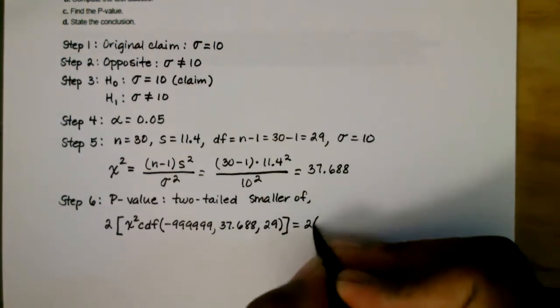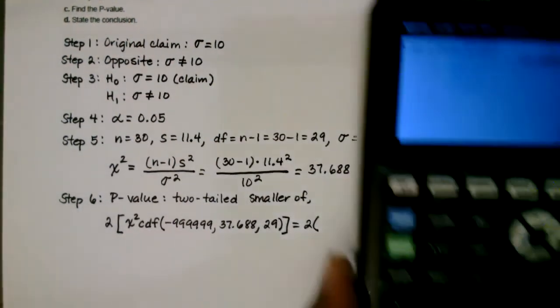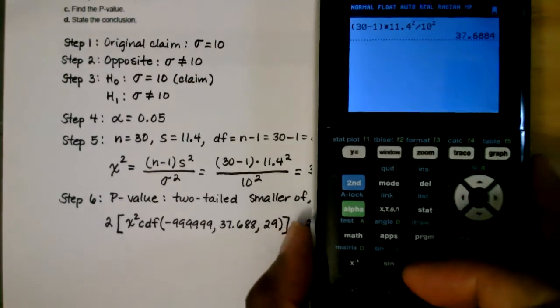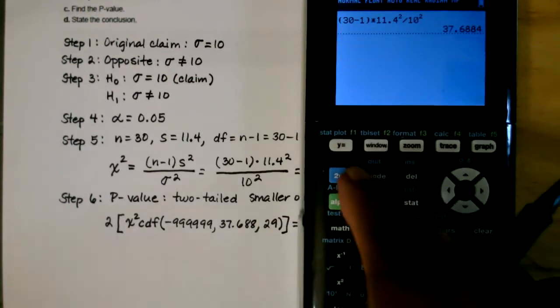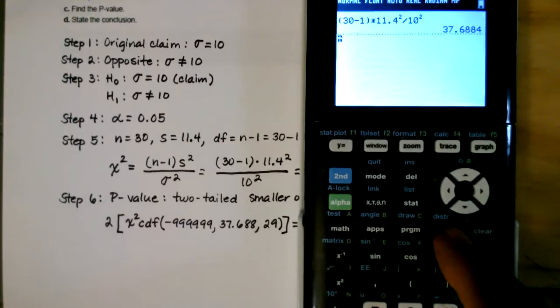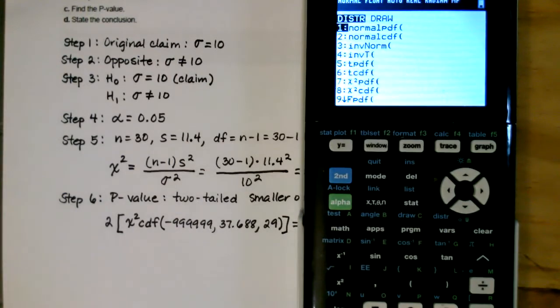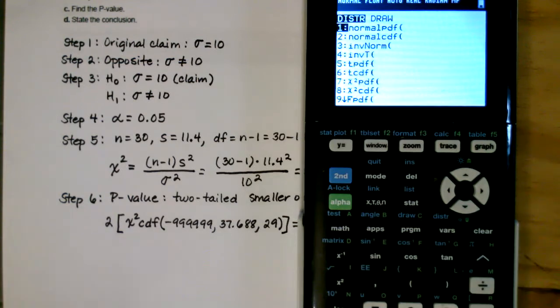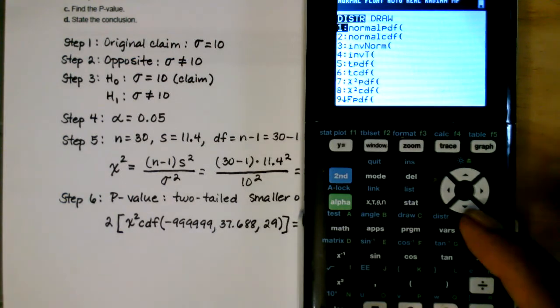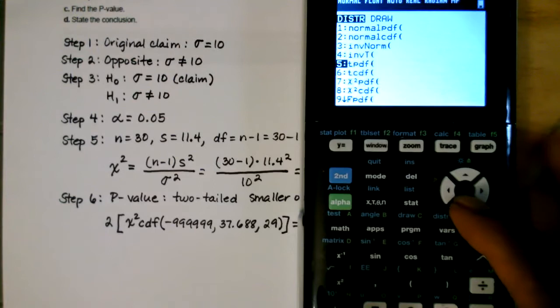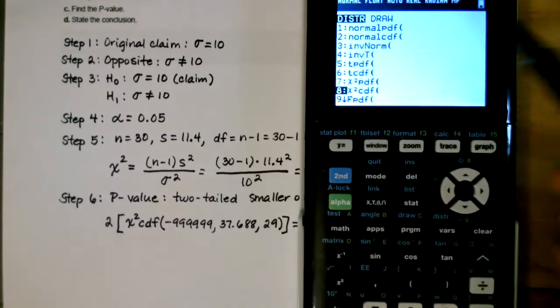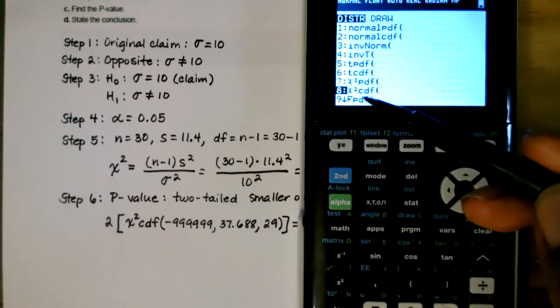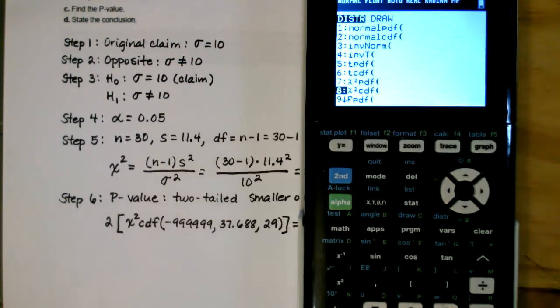So that's why you see 2 times this. I'm going to do this in the calculator so you'll see what I'm doing here. Here you have to press second and VARS for your distribution menu. Underneath that, you have to use your down arrow key to select this item, chi-square CDF. Then I'm going to press enter.